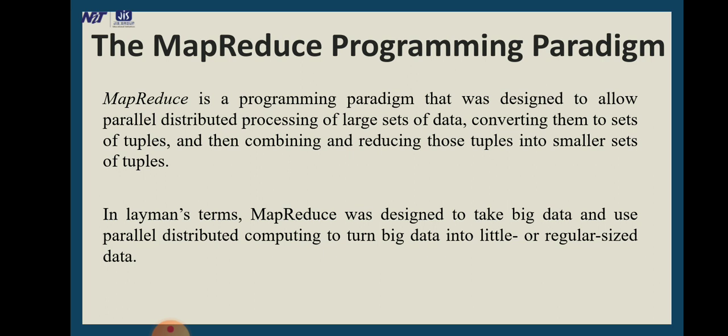Decomposing a data processing application into mappers and reducers is sometimes non-trivial, but once we write an application in MapReduce form, scaling the application to run over hundreds, thousands, or even tens of thousands of machines in a cluster is merely a configuration change. The simple scalability is what has attracted many programmers to use the MapReduce model.